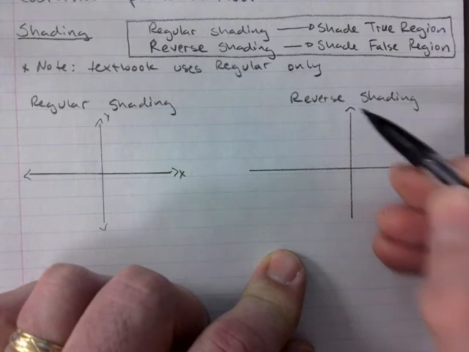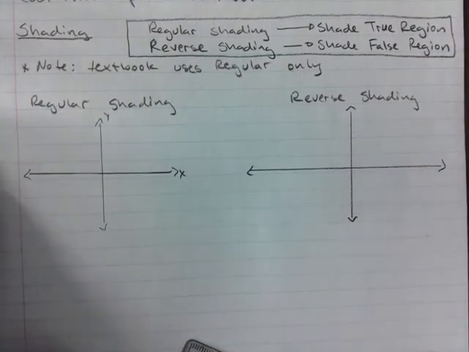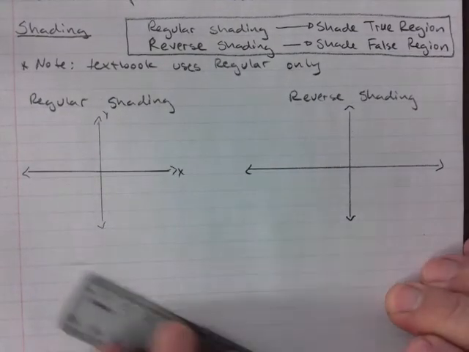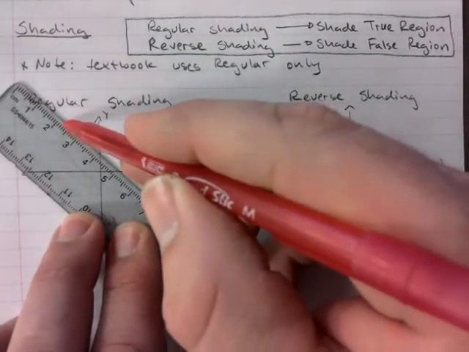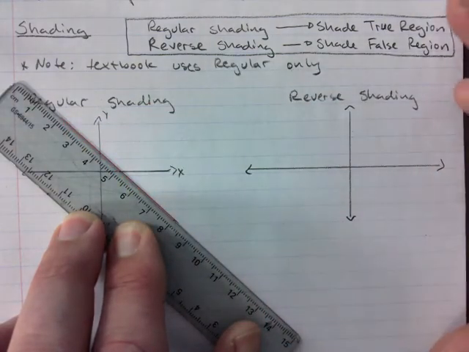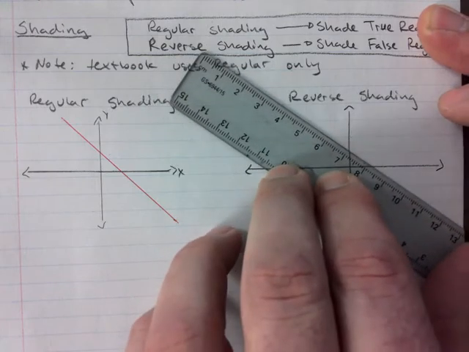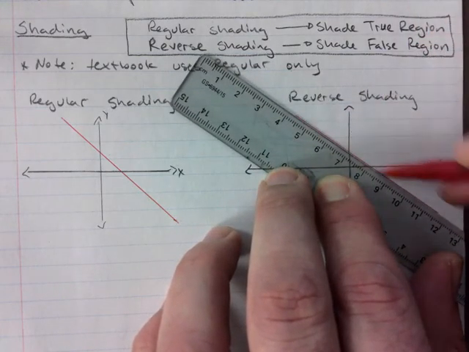We're going to talk about the exact same line, exact same inequality. So I'm going to draw a line like this, right about there, and copy that, trying to keep that pitch.